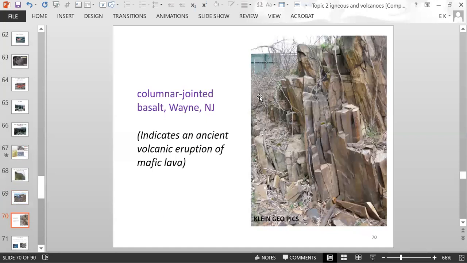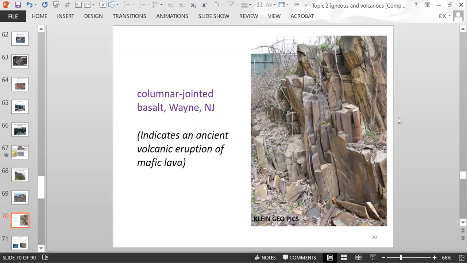And then we're back to another local example. This is columnar jointed basalt on the William Patterson campus. This is near the tennis courts, which is right near the science building, actually. So this is columnar jointed basalt. And this tells us there was an ancient volcanic eruption of mafic lava on the campus of William Patterson University.